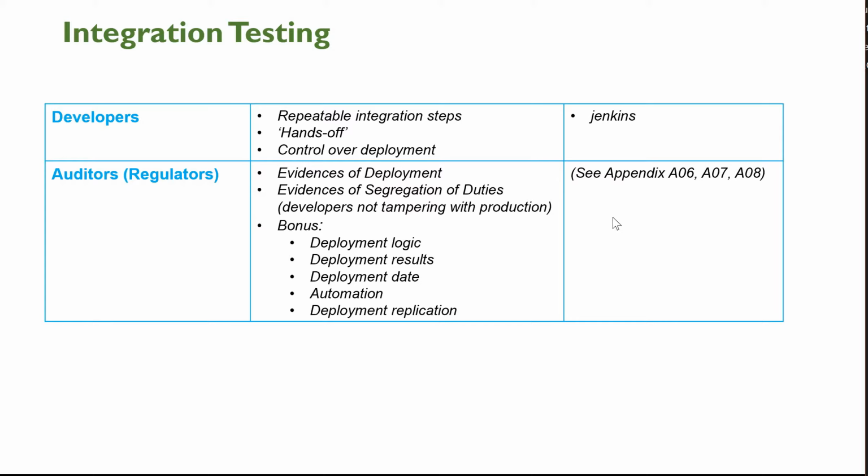Ideally, it's expected that the developers, those who write the code, would not have access to production and make direct changes to production.